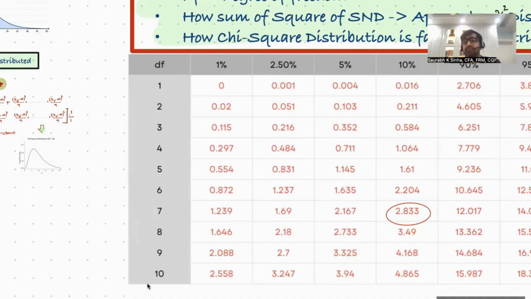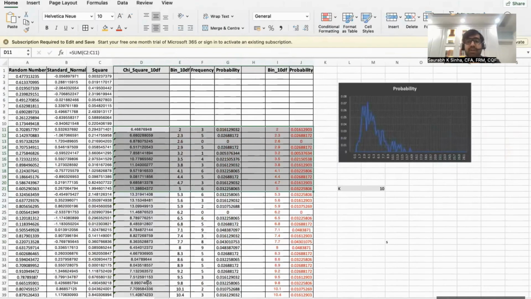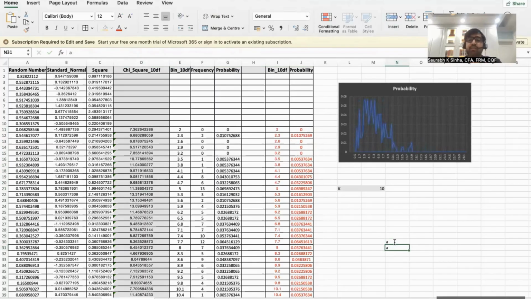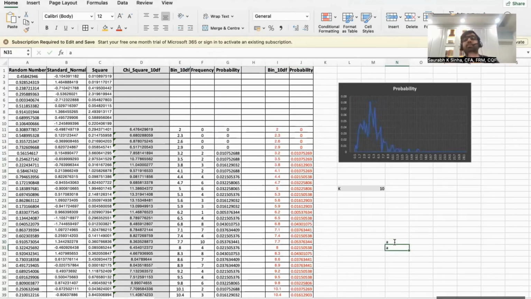But in both cases, you have to understand that both will approach the chi-square distribution. If the sample size increases, or if you keep changing the random numbers and take the average of all the plotted probability distributions, that will be, on average, a chi-square distribution.